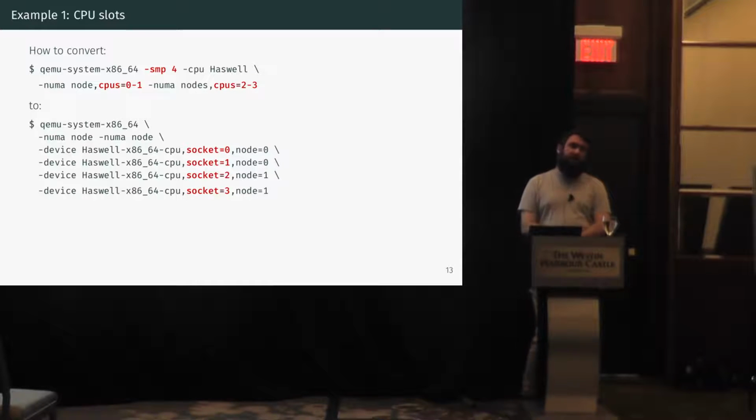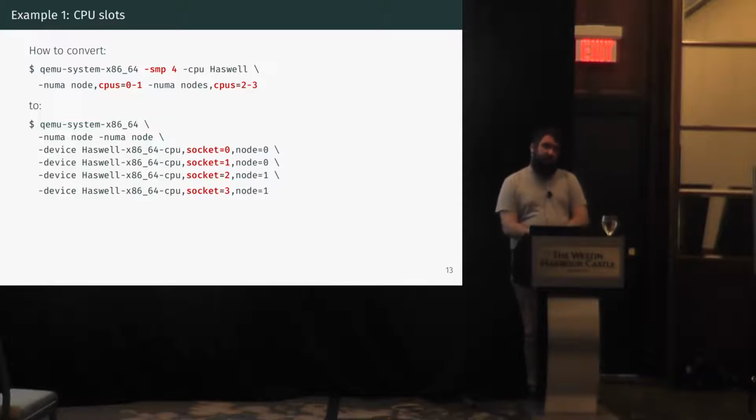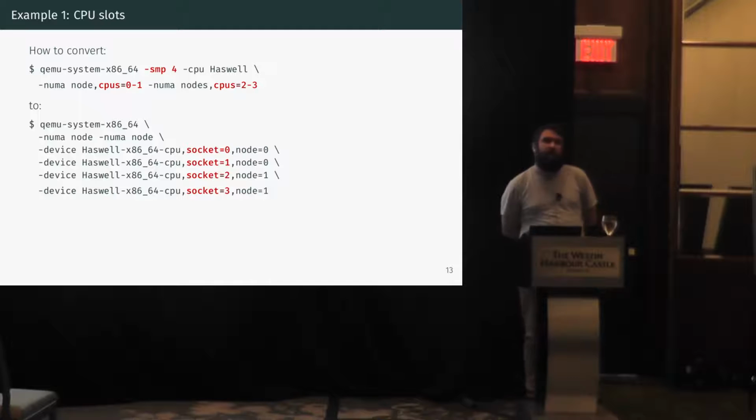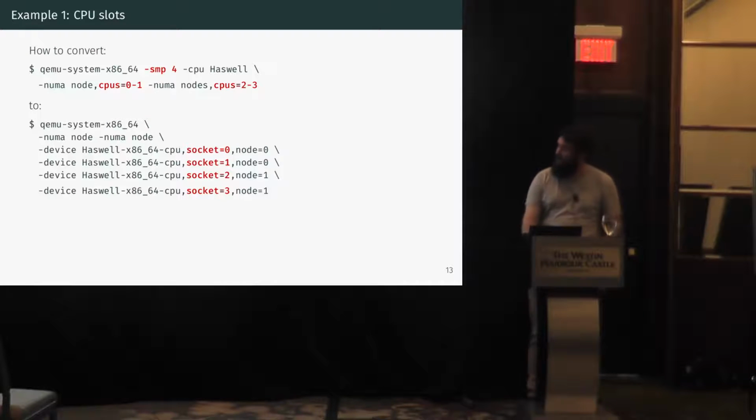On some machines you can attach only entire sockets, and you need that information to know what can be hotplugged. But what if you want to do the same for non-hotplug CPUs? And one of the things we have been trying to do is to move the SMP configuration to something that's closer to the other devices. But how exactly do you know what are the available sockets on a machine if you didn't start it yet?